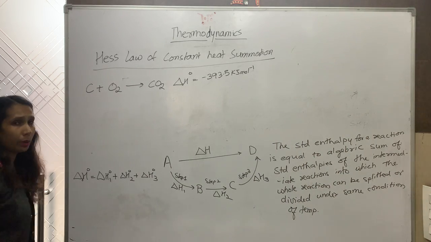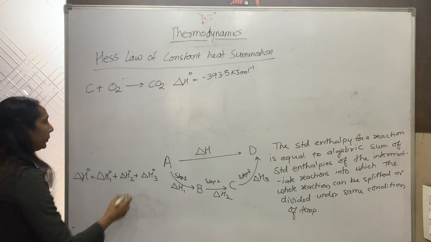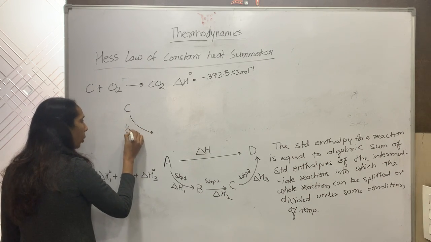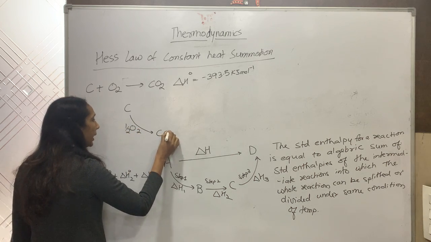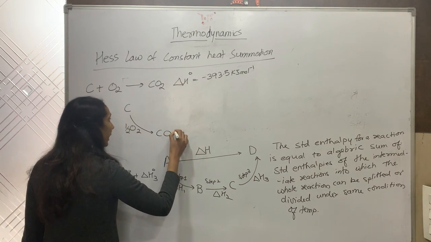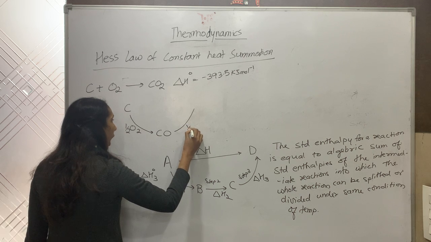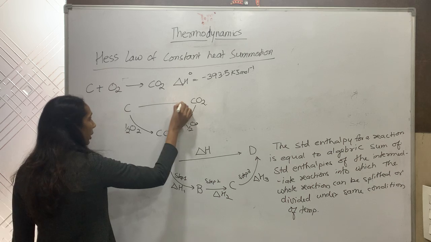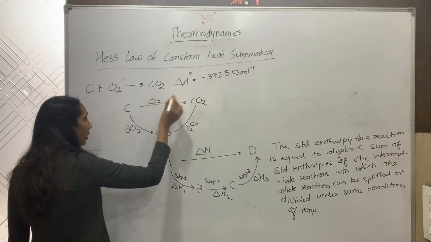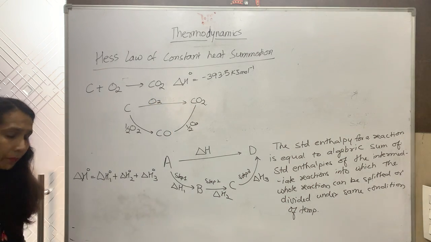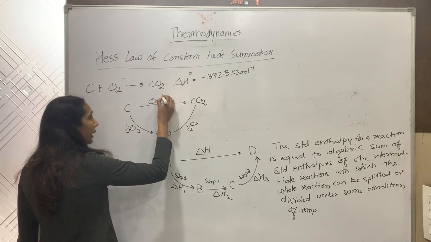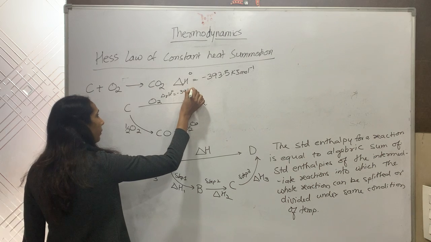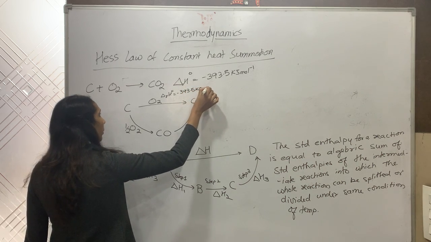Now I can carry out this reaction in two steps. How? Carbon, I first react with half O2 and convert it into CO. And then CO, I react with half O2 and convert into CO2. I can carry out the reaction directly also by reacting with O2, converting into CO2. For this, I know the enthalpy change: minus 393.5 kilojoules per mole.